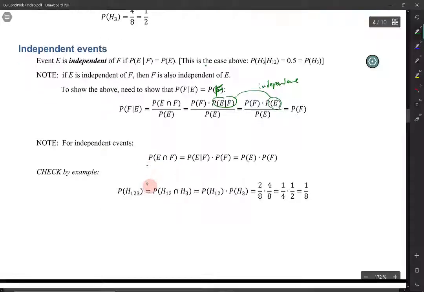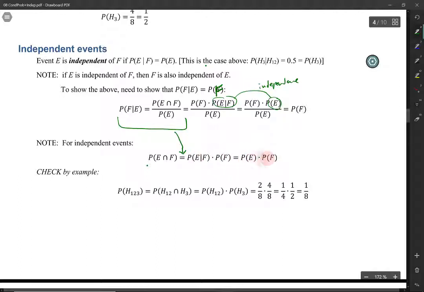Okay, and so the important takeaway is the probability of E and F. You want to convince yourself that if they're independent, to get the intersection probability, you can just multiply them.